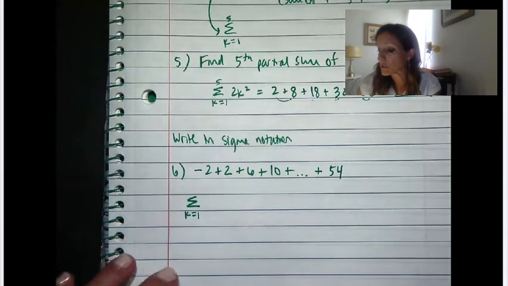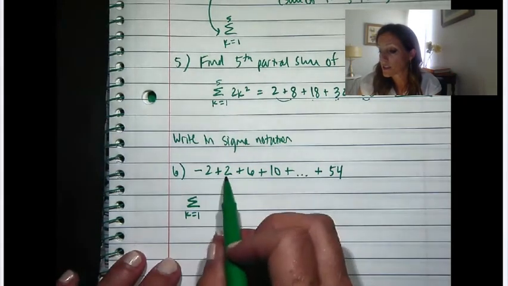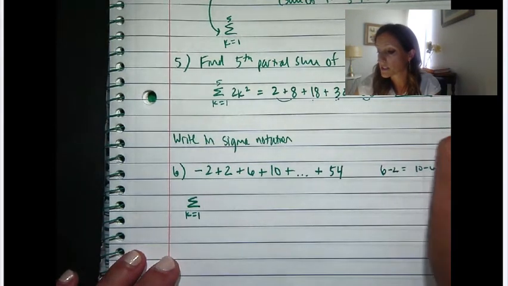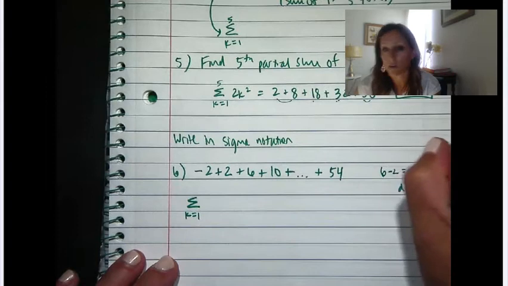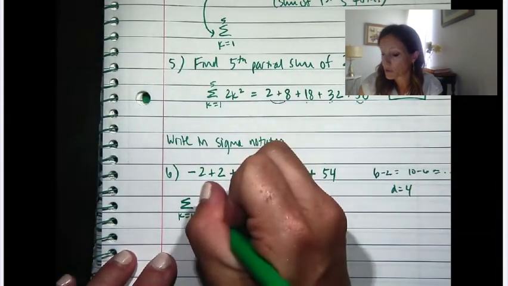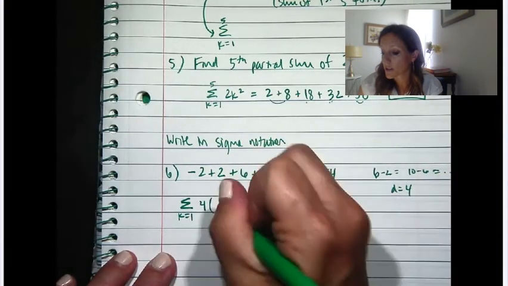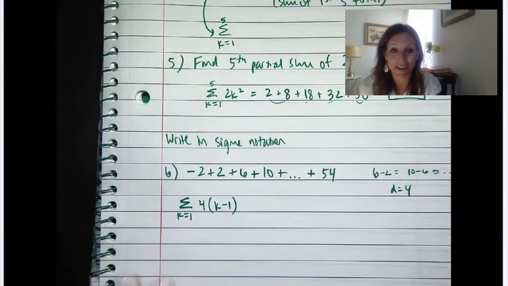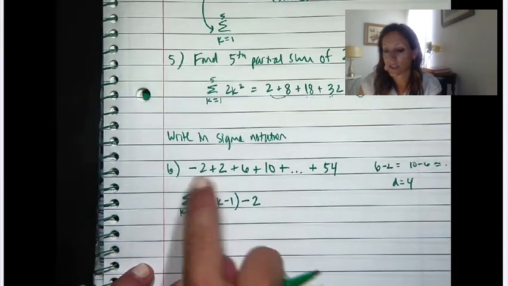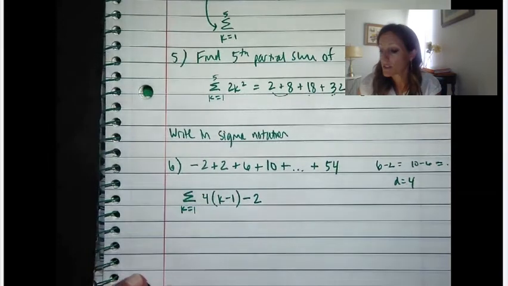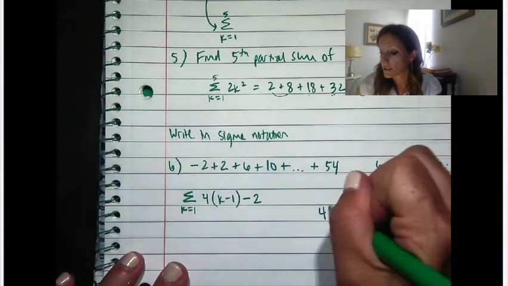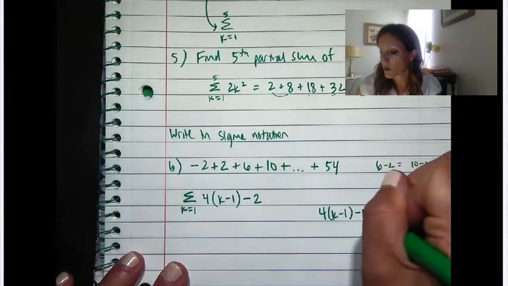But I can write an explicit rule pretty easily. I think you can tell there is a common difference. 6 minus 2 is the same as 10 minus 6, and so on. And so the common difference is 4. So I can write my explicit rule as 4 times, not n minus 1 now, k minus 1, and then plus a1, which is -2. And then to find this missing piece, I just need to use that explicit rule and set it equal to the output of 54.